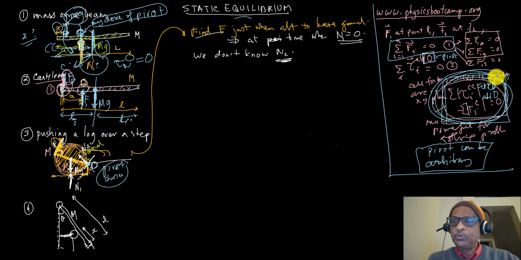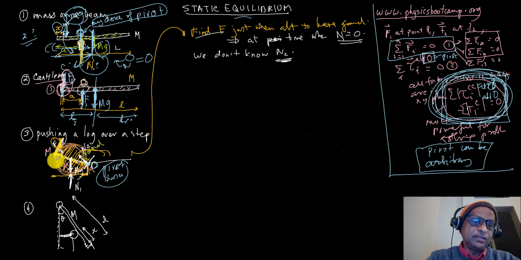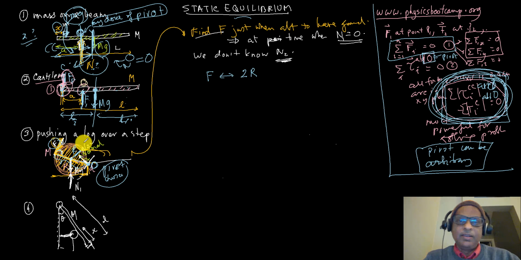And we do it again. So from here, this is 90 degrees. So the lever arm for F is 2 times the radius. This radius is r. Okay, and what's the lever arm for mg?